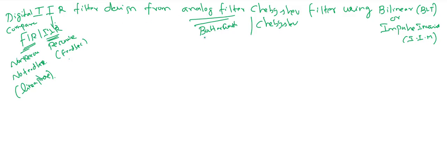Similarly, the frequency response characteristics, if you see the Butterworth filter and a Chebyshev filter, the ideal one, this is a prototype low pass filter, ideal characteristics. So this is a magnitude response H of j omega.